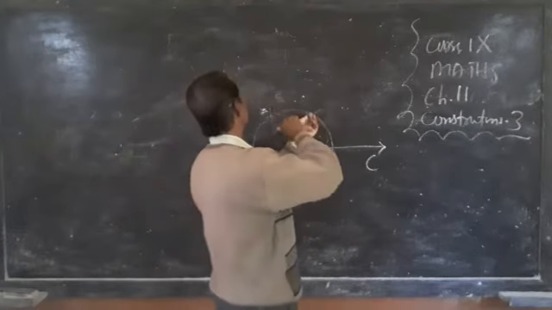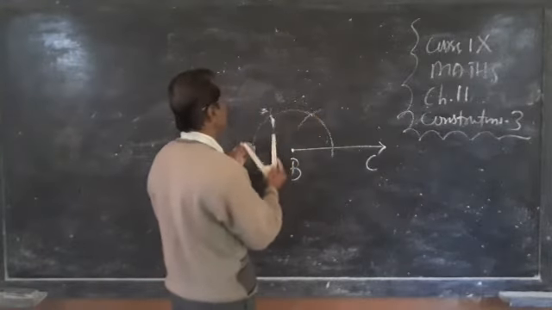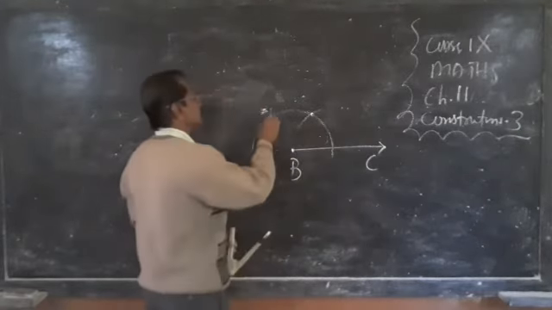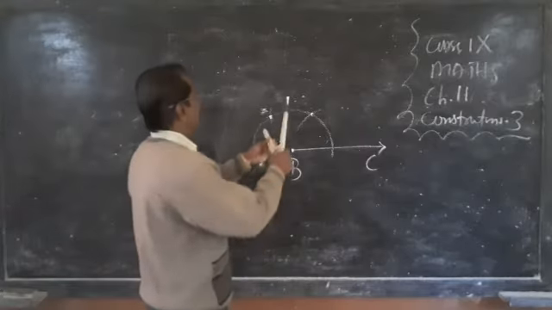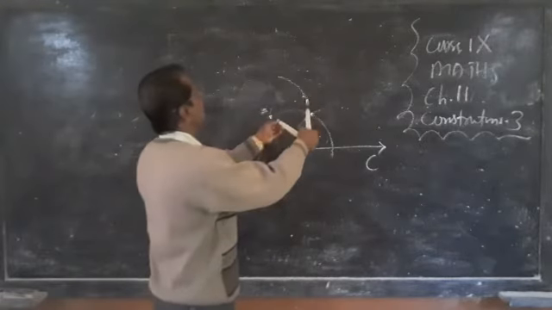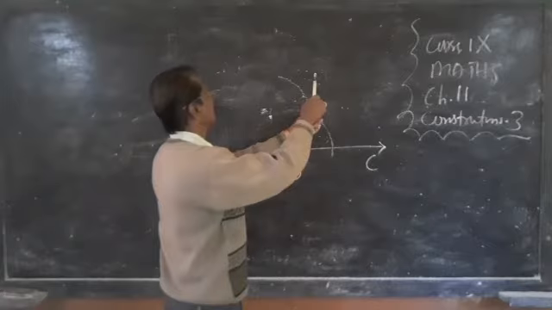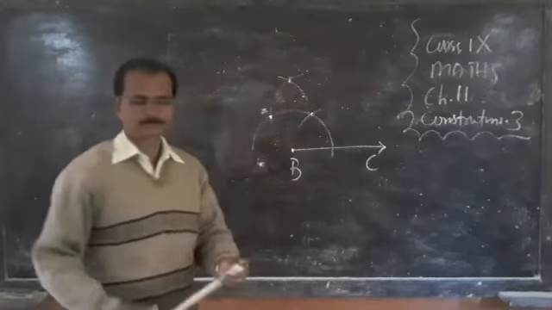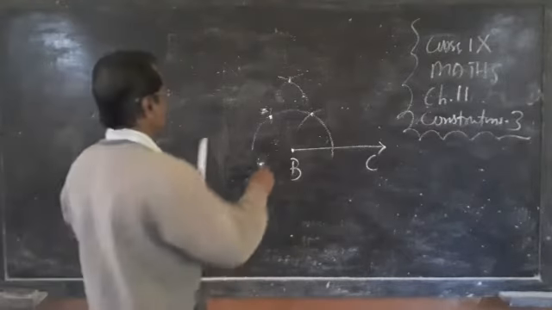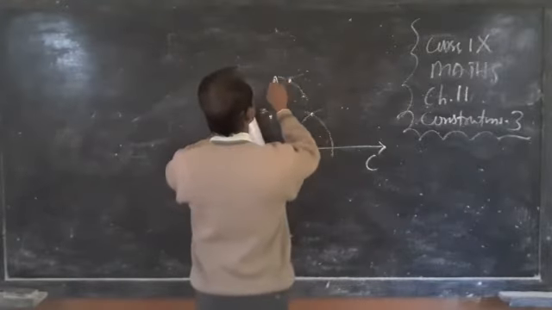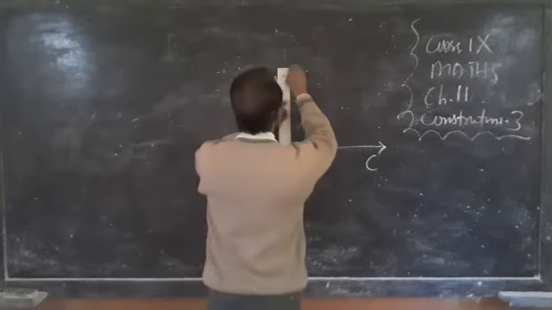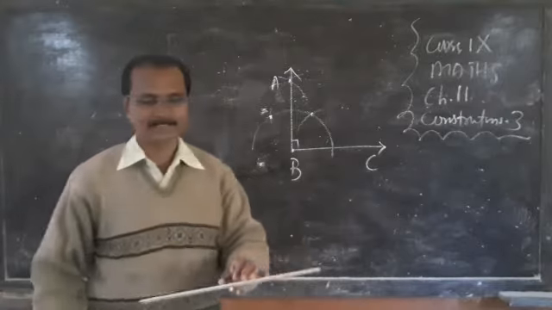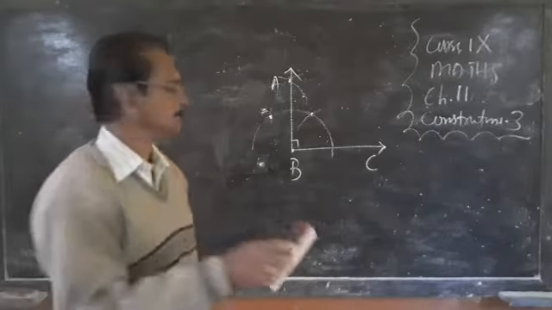Again from the 60 point, another intersection point, that is 120. From these two points, again two arcs intersect at the top. Through this point, which you name A, draw the ray to get ABC. So this is a 90 degree angle.